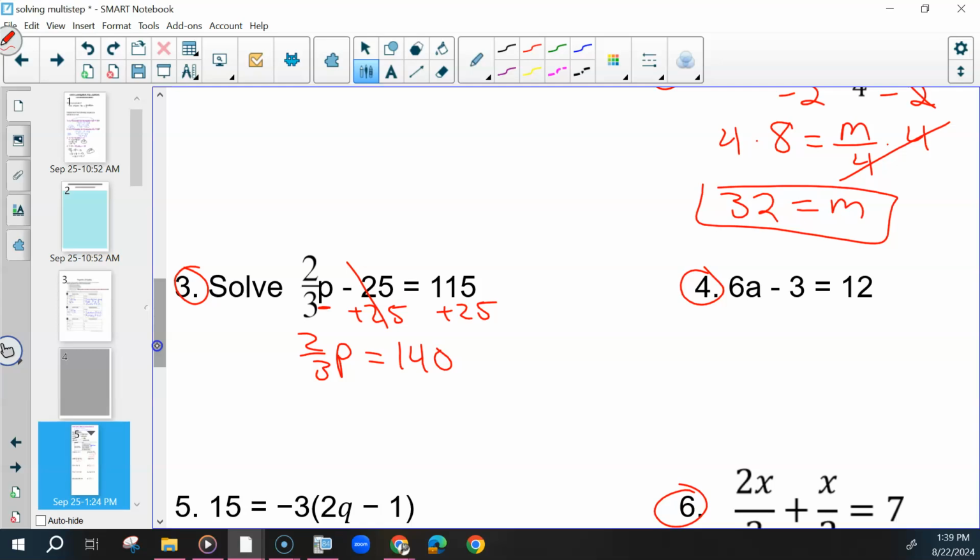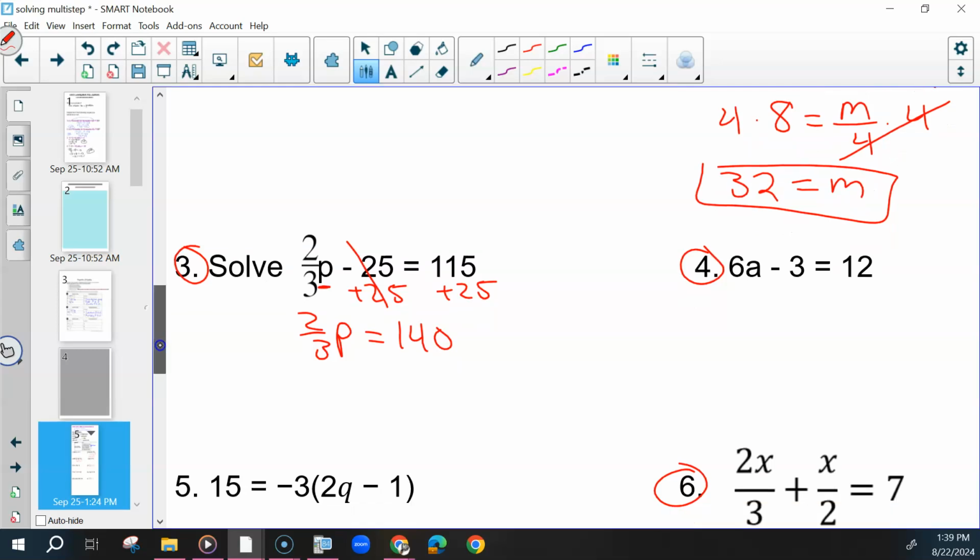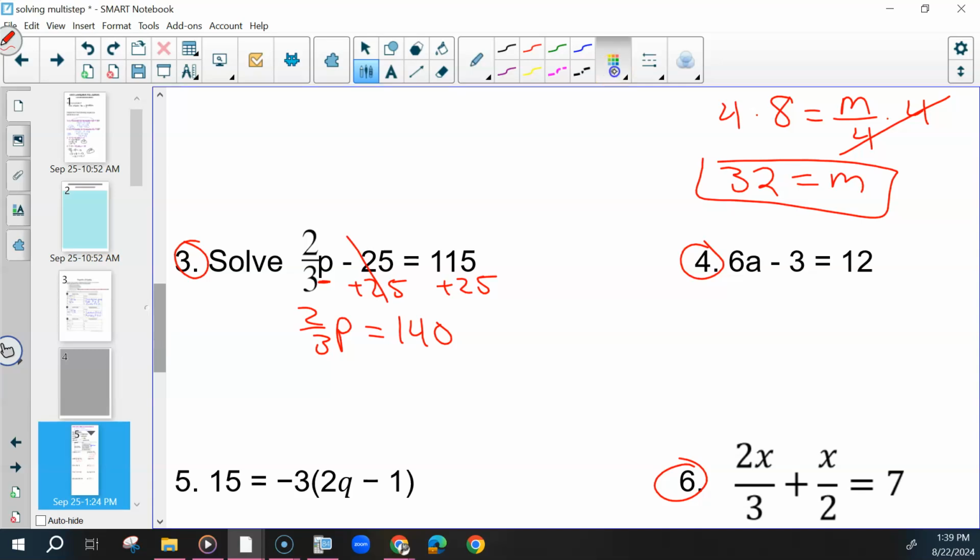One of the ways you can get rid of this, and you can choose whichever way you are more comfortable with, is to do this in 2 separate steps. The other one is to do it all together. The 2 separate steps, get rid of the denominator first. This is being divided, so just like the other one, I'm going to multiply 3 on both sides so that those cancel on that side.